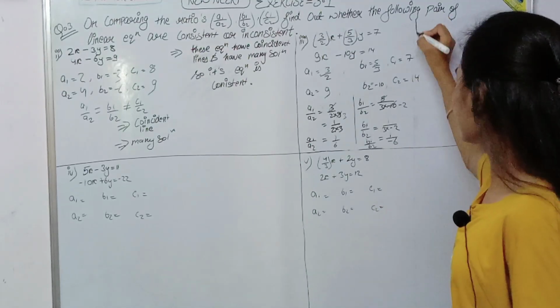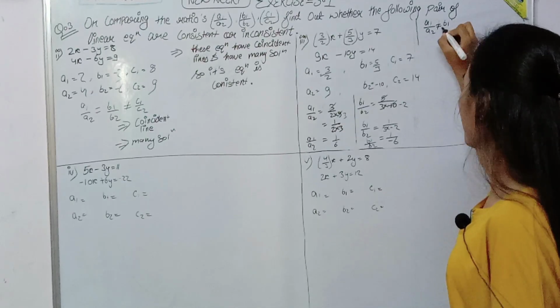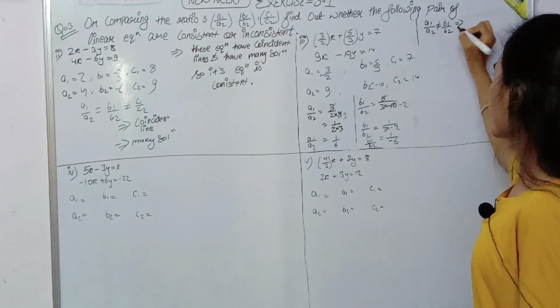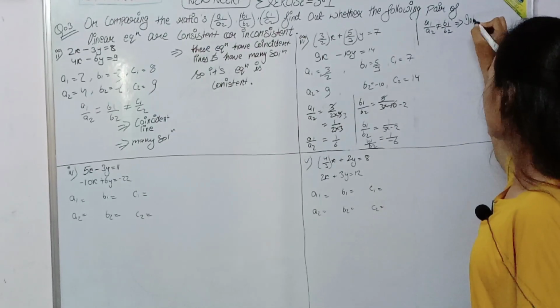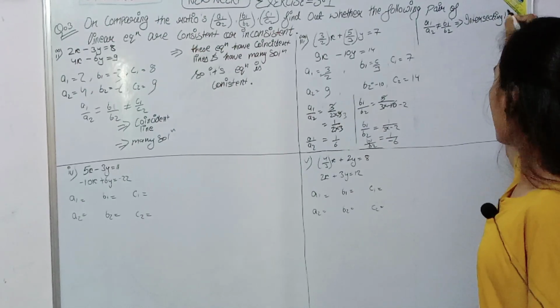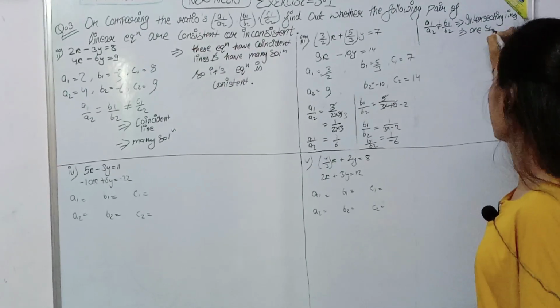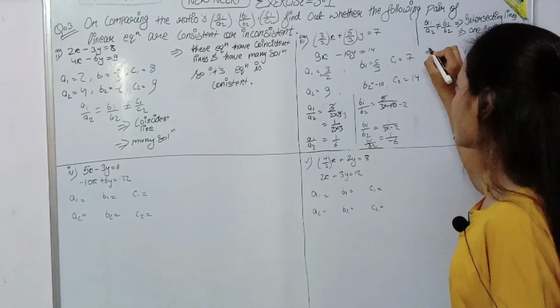So this condition is fulfilled: a1 upon a2 is not equal to b1 upon b2. This is the condition of intersecting lines, and it has only one solution. Okay, one solution.